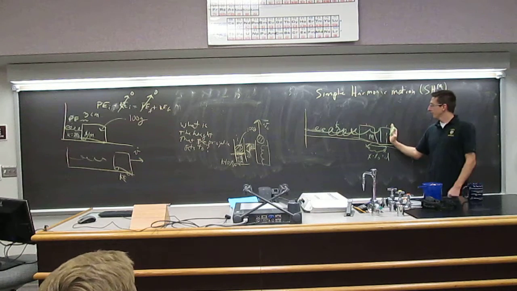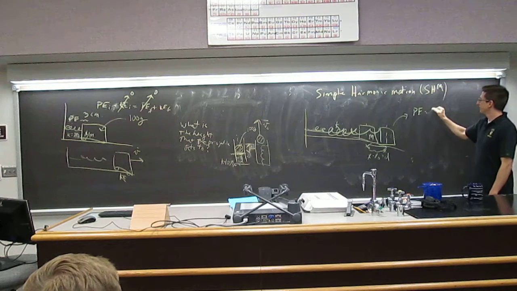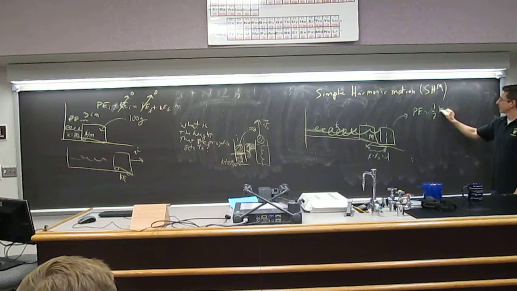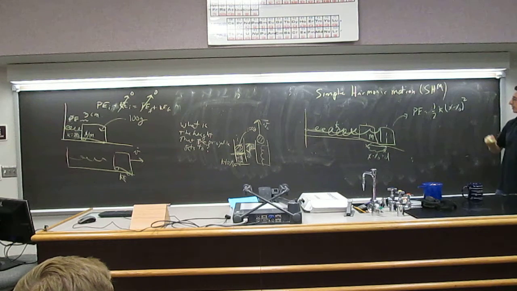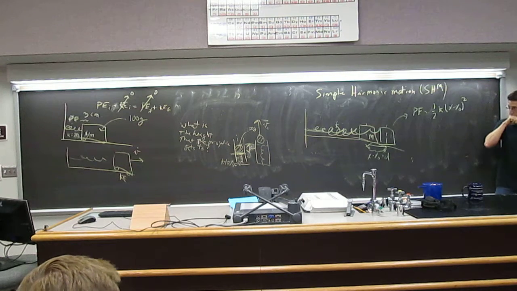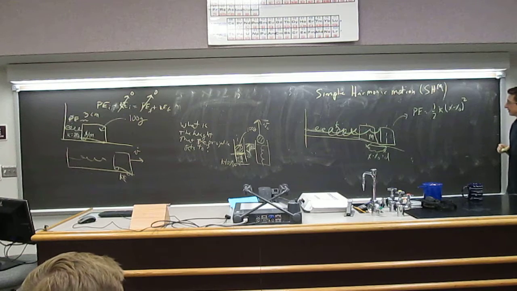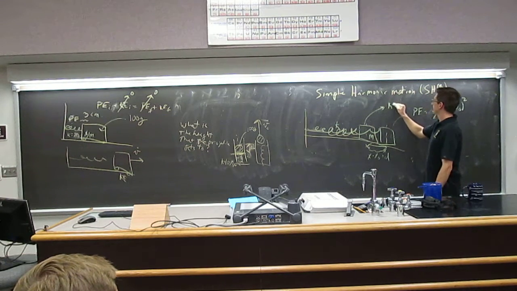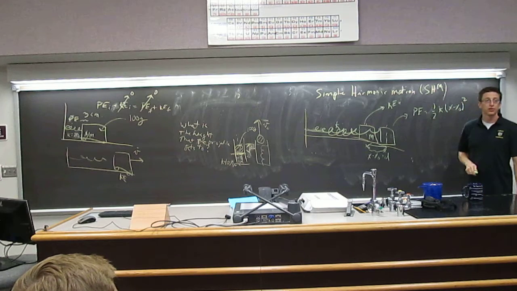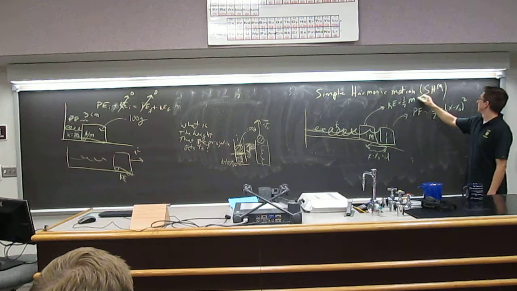So when I stretch it out here, I have a potential energy equal to 1/2 K (x minus x naught) squared. When it's over here, I have a kinetic energy equal to 1/2 m v squared.